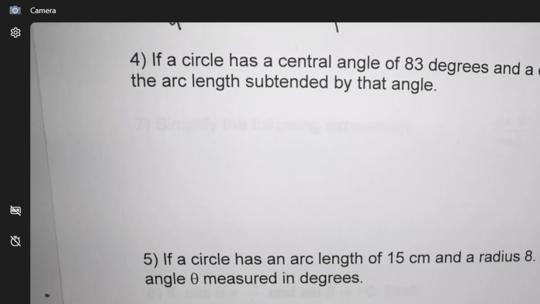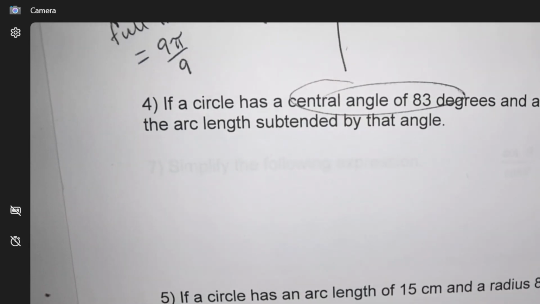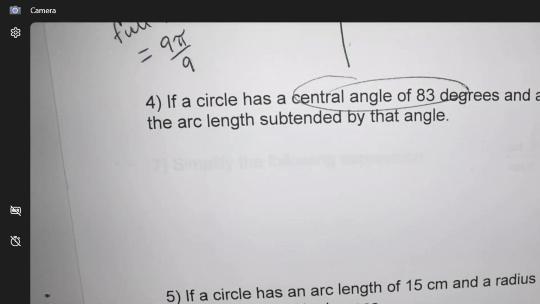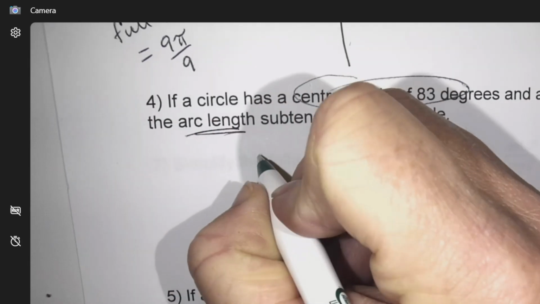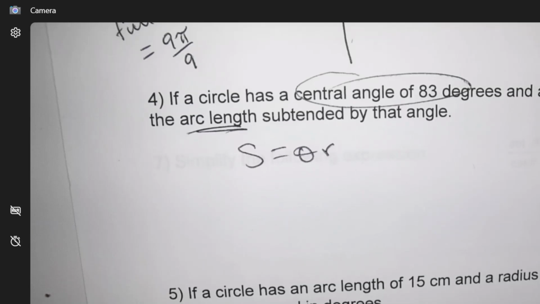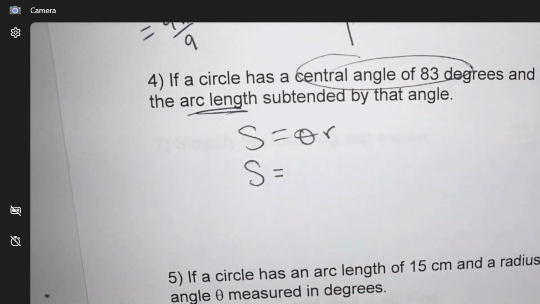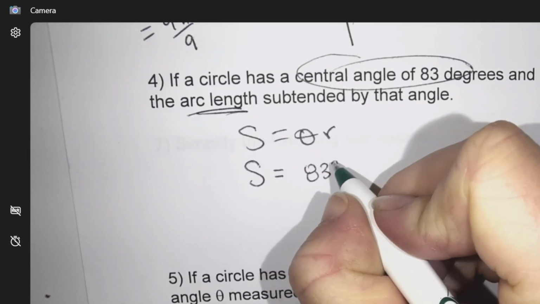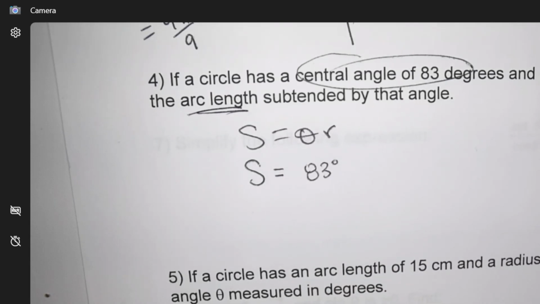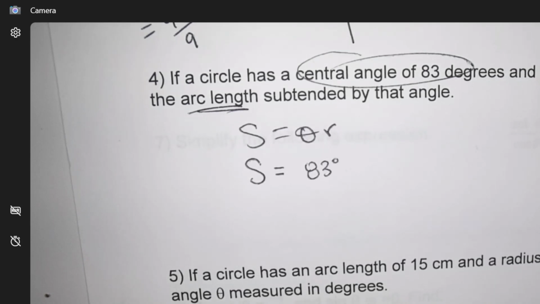Okay, a circle has a central angle of 83 degrees, a diameter of 20 inches. Find the arc length. So this is a formula that I will have on your formula sheet for your test. So figure out S. Okay, so theta, so the angle 83 degrees, but what do I know about this formula?